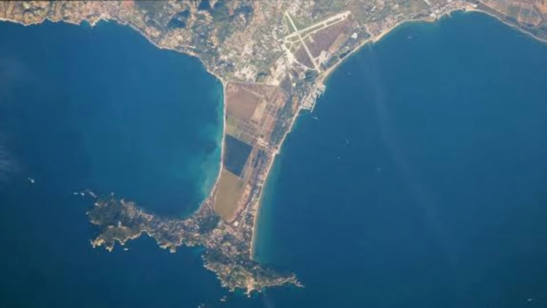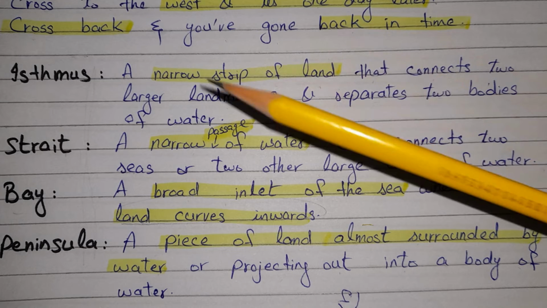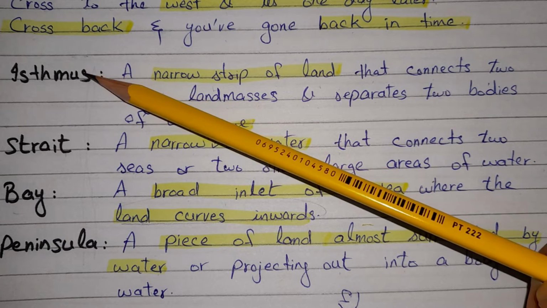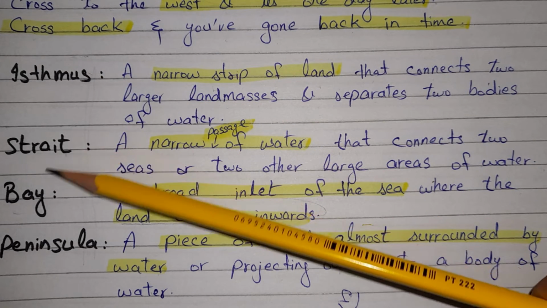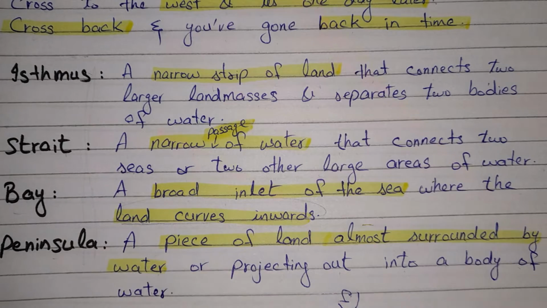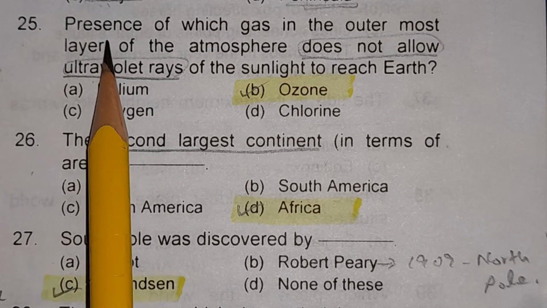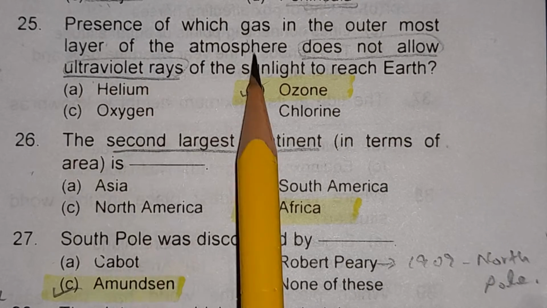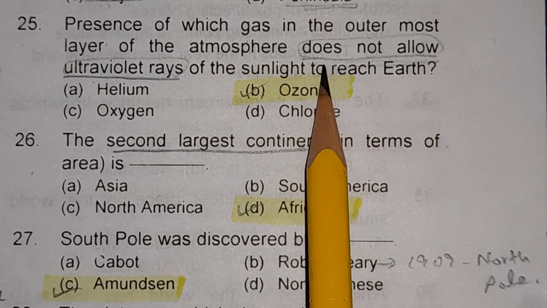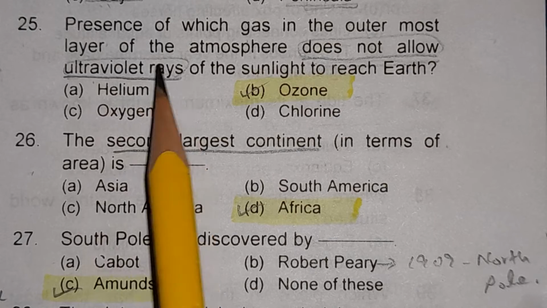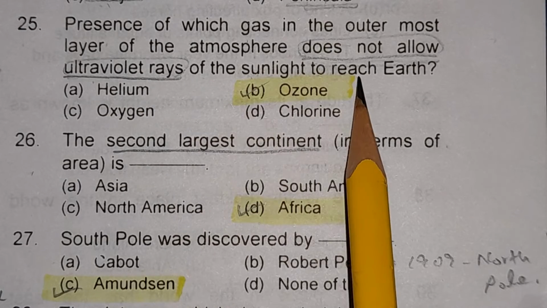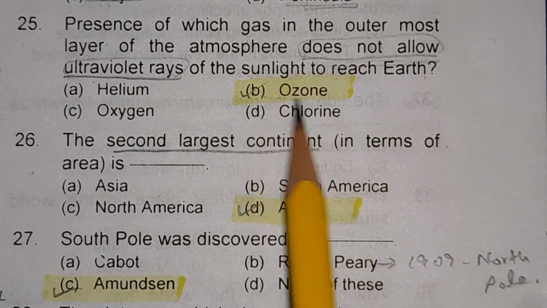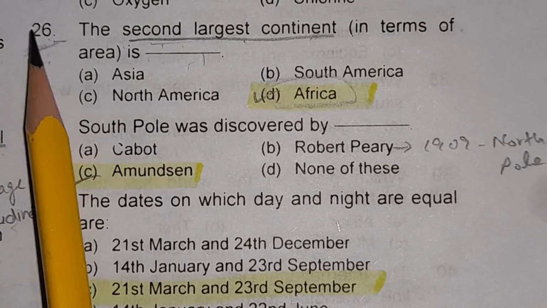Here is the picture in front of you, and now you can check the difference between isthmus, strait, bay and peninsula. Number 25. Presence of which gas in the outermost layer of the atmosphere does not allow ultraviolet rays of the sunlight to reach Earth? That is the ozone layer.